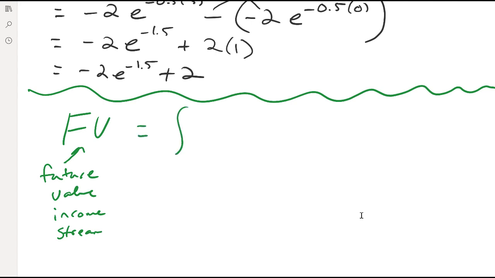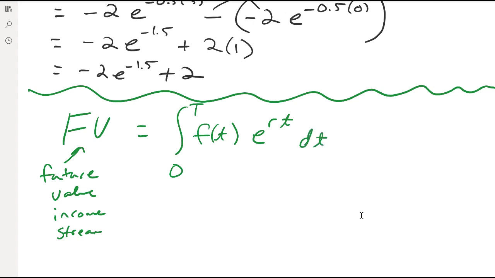It's the integral from 0 to some time T of your income stream, times e to the positive rt dt.